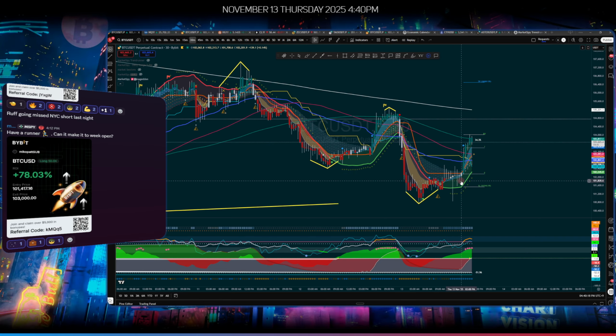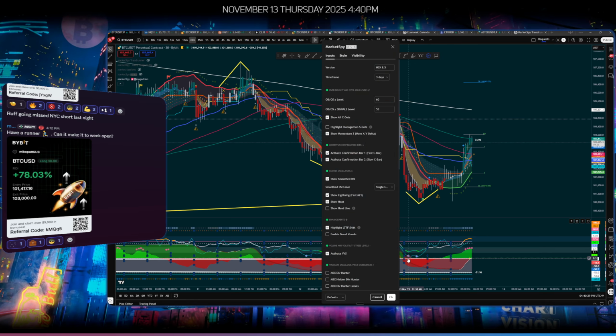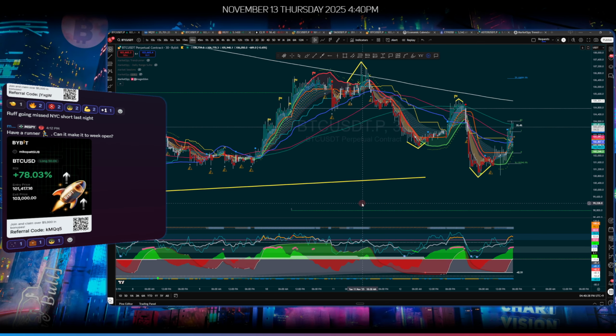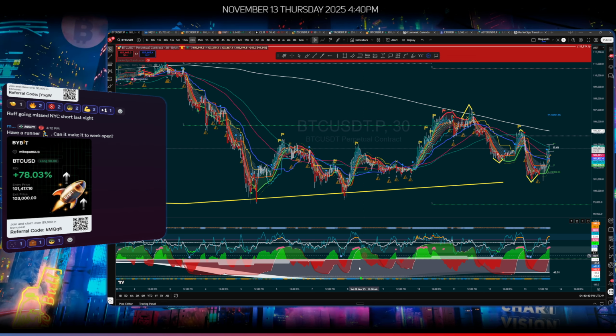Now, the second thing that we look at is supporting momentum. It is important to understand that while you have these sell-offs on lower time frames, momentum, this one is set to 3 days, but let's set it to 1 day, is going to show you what price is doing on higher time frames.